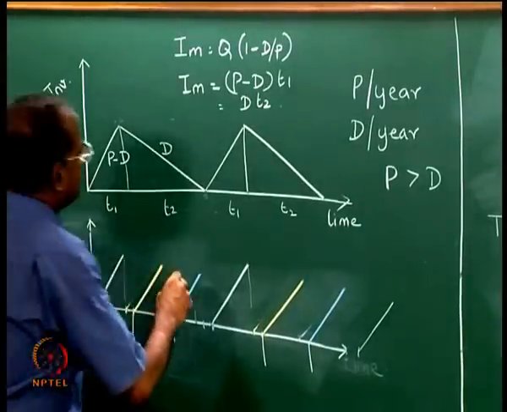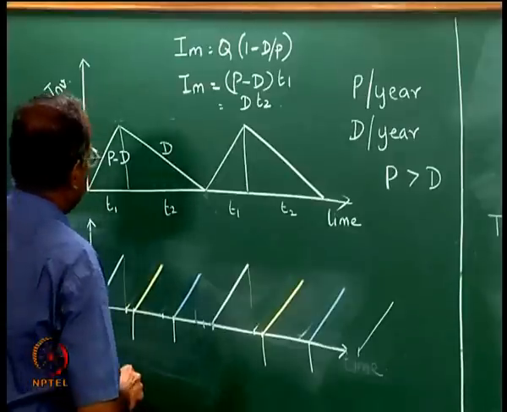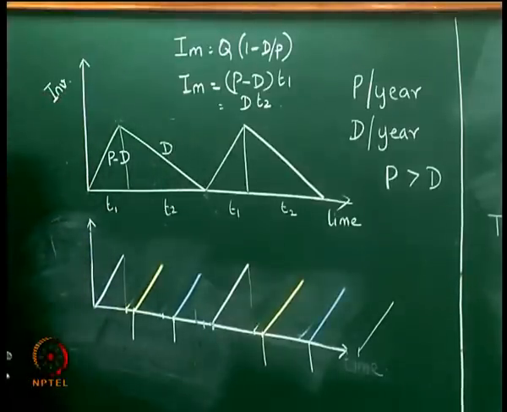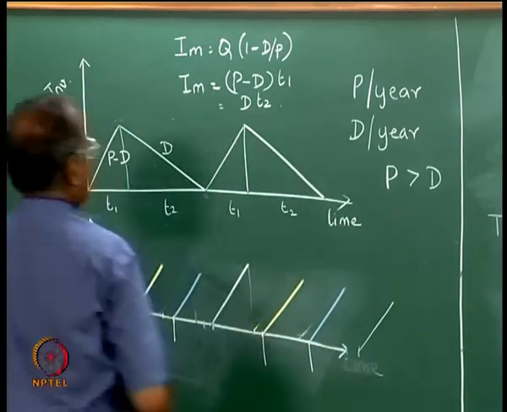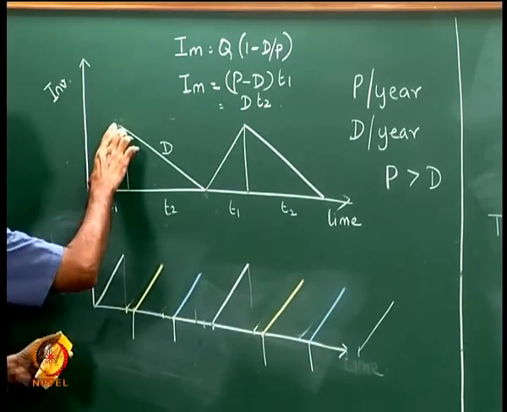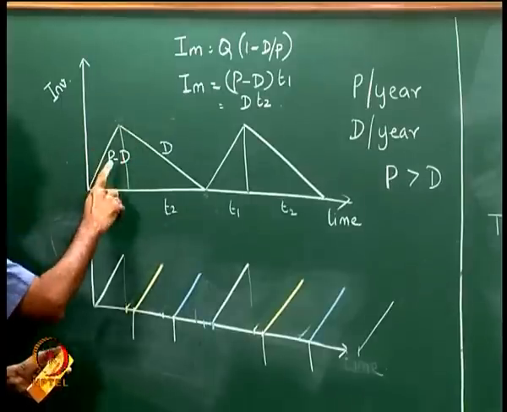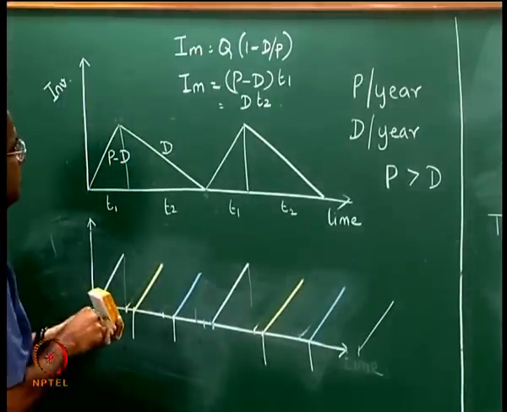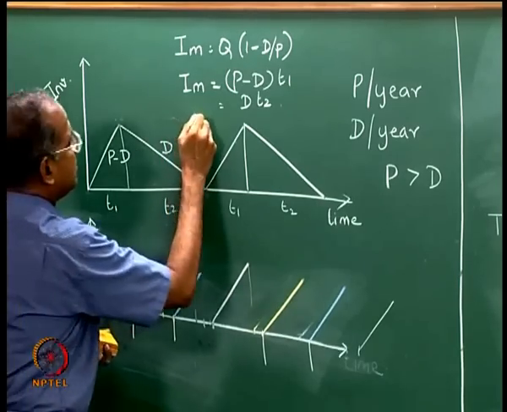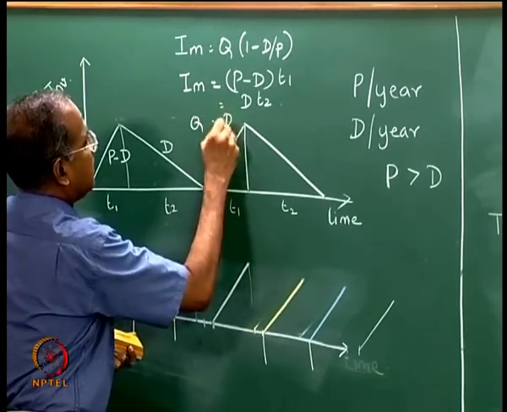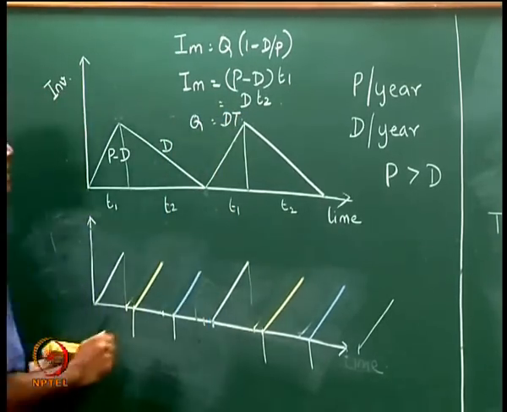So from this we have Im is equal to the rate at which the inventory grows times T1, and Q is equal to D into T, or D into T1 plus T2.